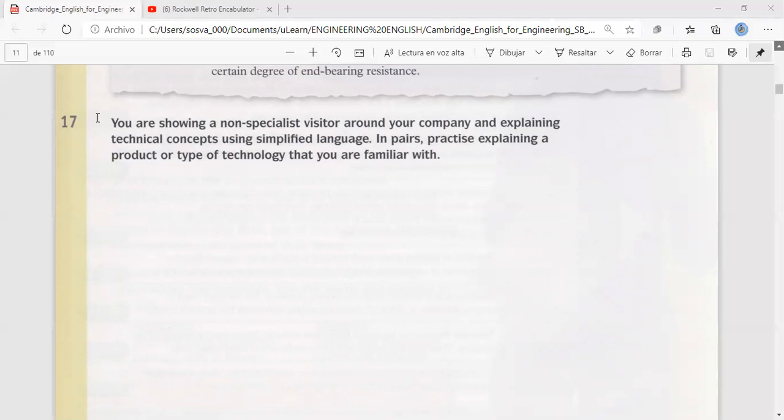You're going to explain one of your machines to me as a non-specialist. So think about the product or machine that you want to explain. And tomorrow we're going to do that. Okay, teacher. Great. Okay, let's stop here.